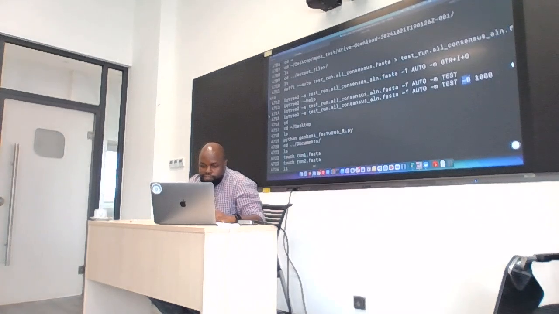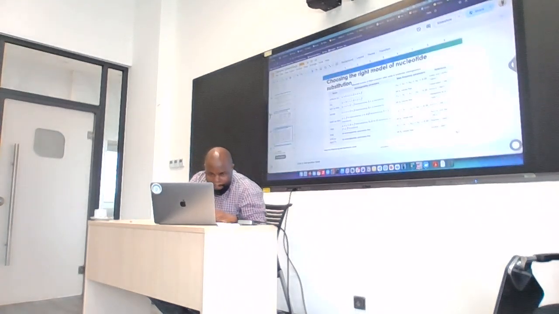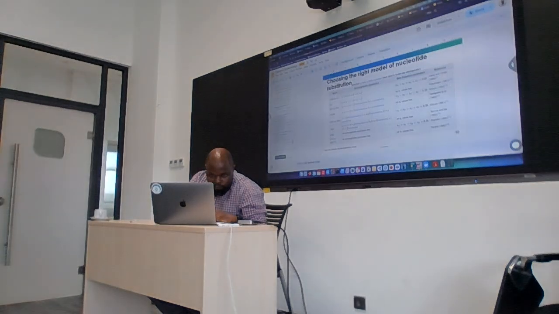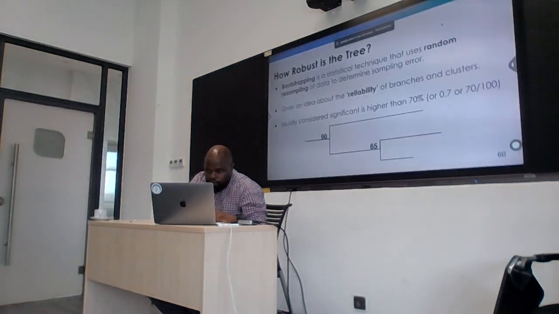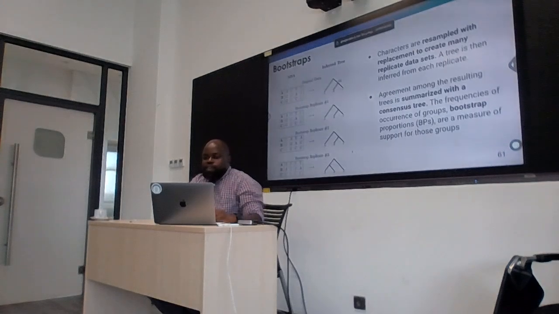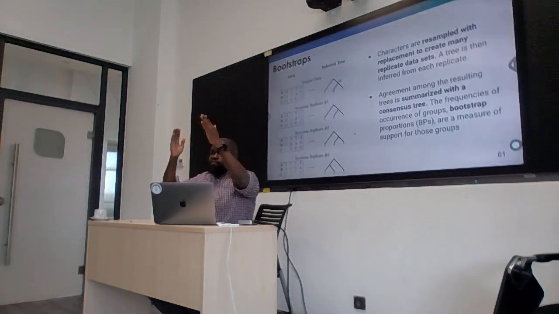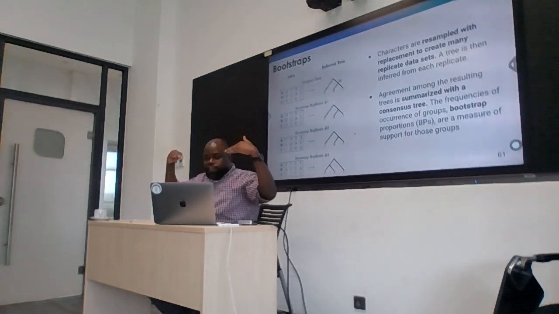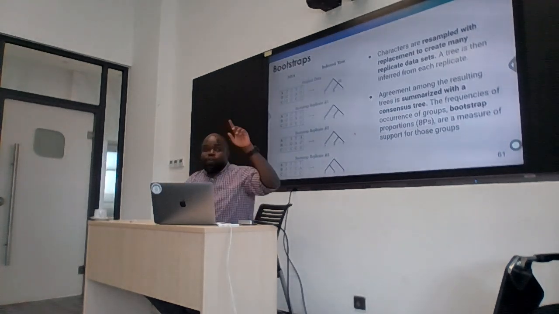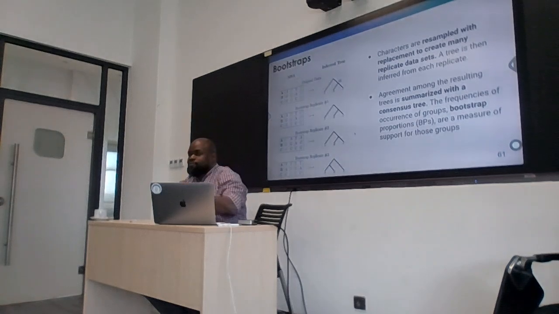I'll just shift back here. We're talking about bootstrapping, where you take a given number of sites and resample them, and each time you generate a tree. So on the command line, we're saying we want you to do this 1,000 times.